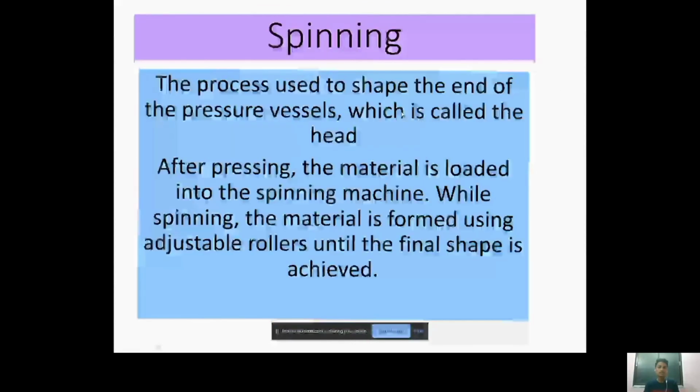Next is spinning. This process is used to shape the end of the pressure vessel, which is called the head. After pressing, the material is loaded into the spinning machine. While spinning, the material is formed using adjustable rollers until the final shape is achieved.